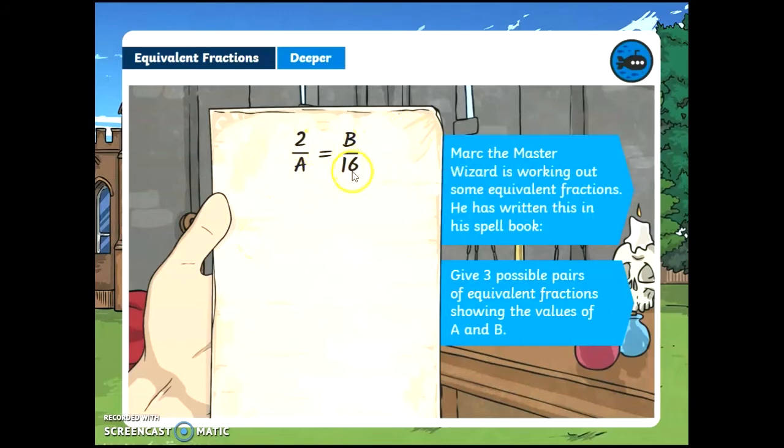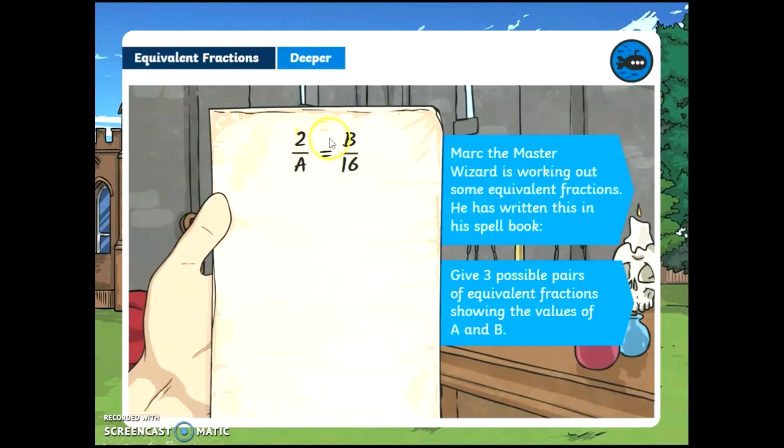Can you think of any factors that might help you here? Anything that 2 and 16 might have in common? Maybe you've spotted a couple there. I suddenly thought about 8, because actually I know that 2 times 8 is 16. So what if I did 16 divided by 2 is 8, and 2 times 2 is 4.